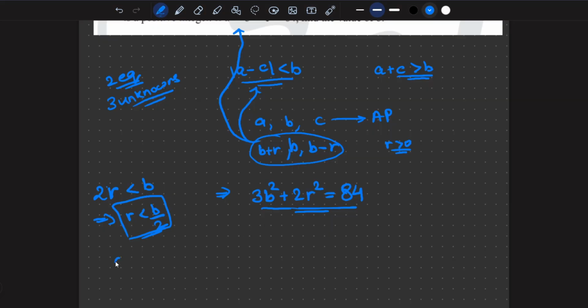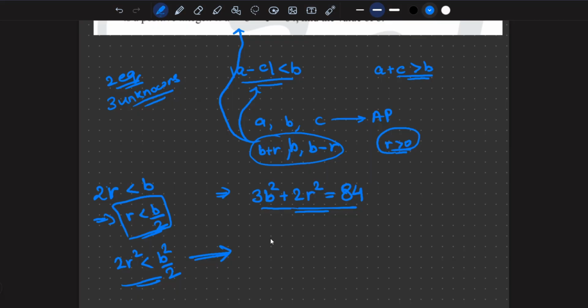So since r is a positive number, I can square both sides. Look, it is convenient here that I took r as a positive number. So from here I can tell that 2r square is less than b square by 2. Can you see that?